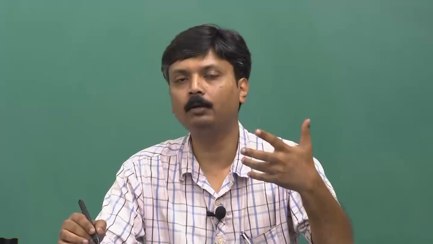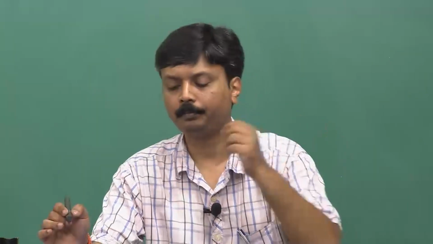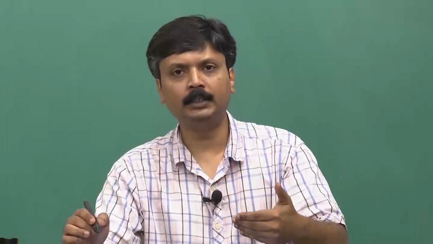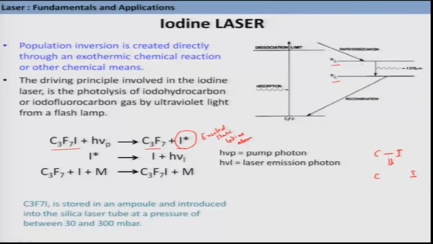So you choose a particular molecule which has a very high quantum yield for I star. One such molecule is C3F7I, which gives this I star in high, or at least decent, proportion.